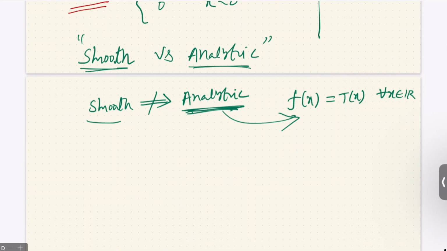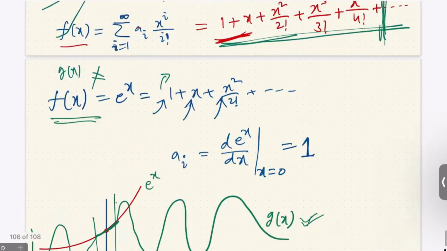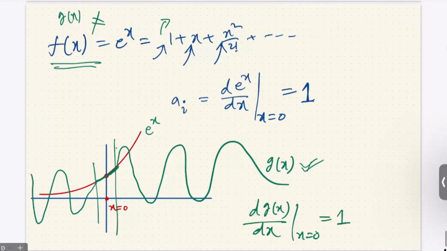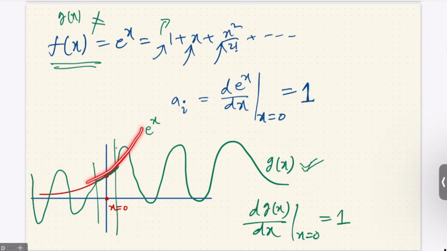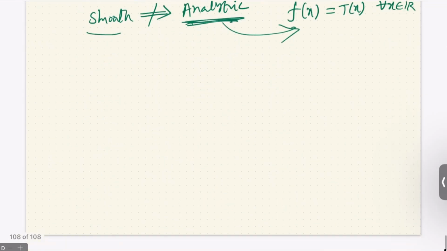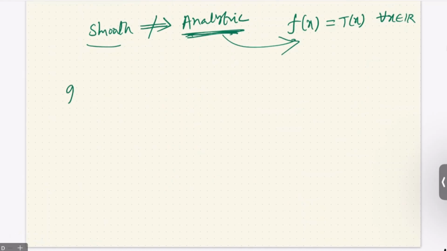So the analytic functions I am targeting here, that is the difference in the argument I am showing, because e to the x is analytic and g of x is not analytic. That is why you cannot express g as a continuous function from its local property. For a random analytic function h of x, what does it mean?